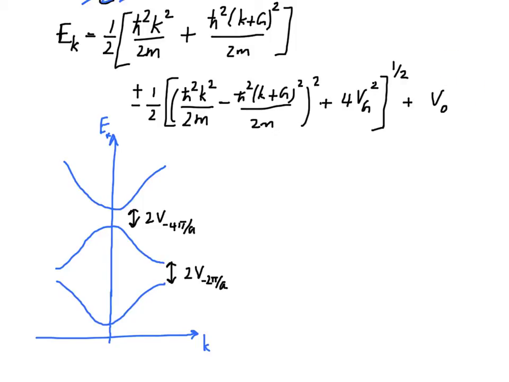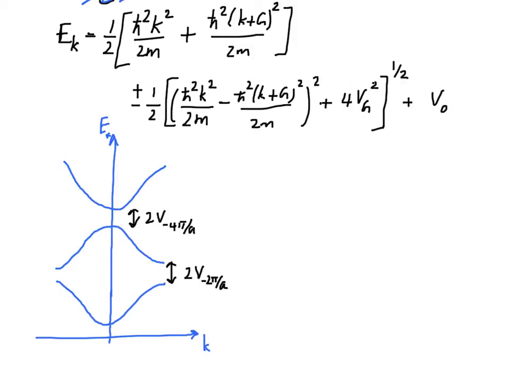So the values of G that you would choose would be integer multiples of 2 pi over a. And so for each choice of G, you also need to choose some value of V G. So for plotting purposes, you would set some convenient value for V0 and the various values of V G.